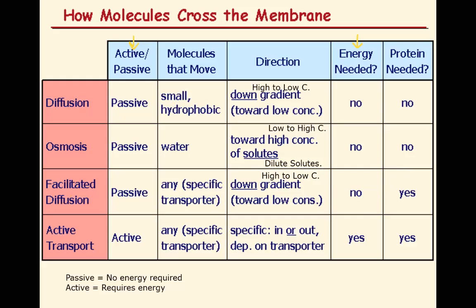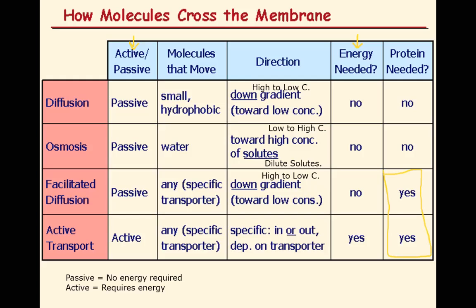So it does require a protein, and we want to highlight this here: we do require a protein. There are different types of proteins. Here we're dealing with a simple tunnel versus a carrier protein, which is going to grab the molecule, when it comes to active transport.